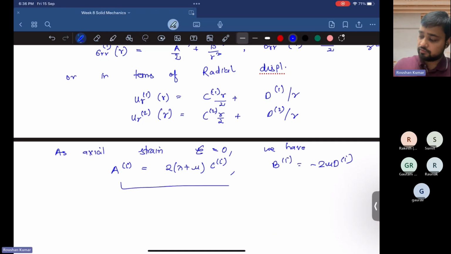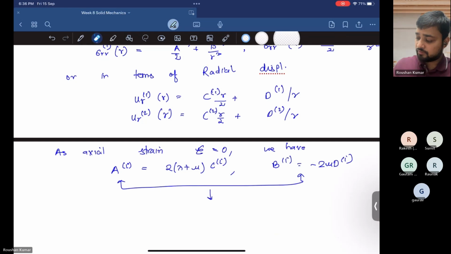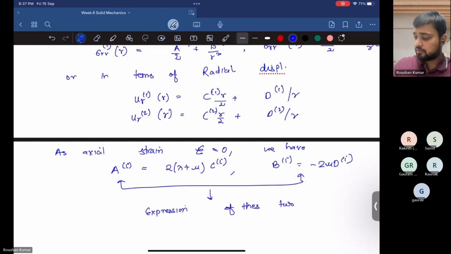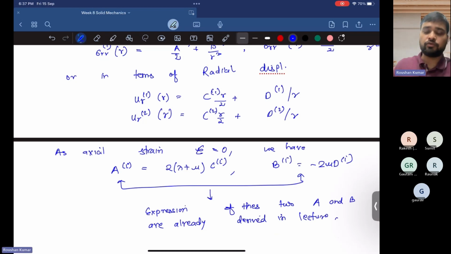So these two expressions of A and B are already derived in the lecture. You can go through and see how the final expression of A and B comes.